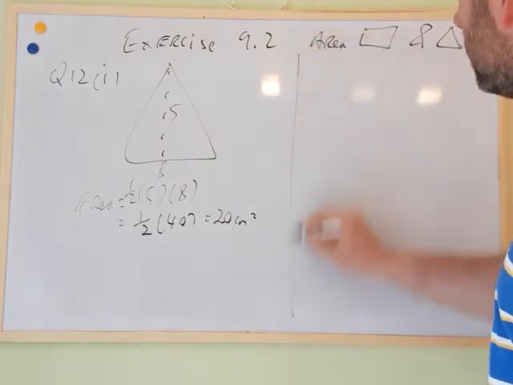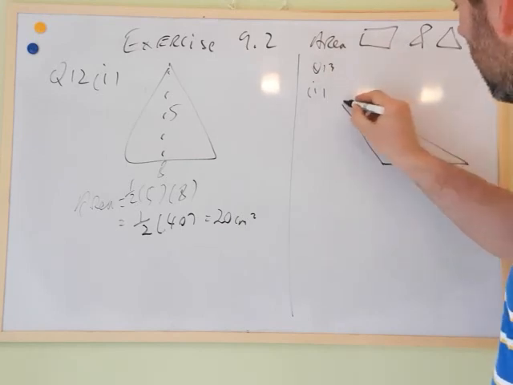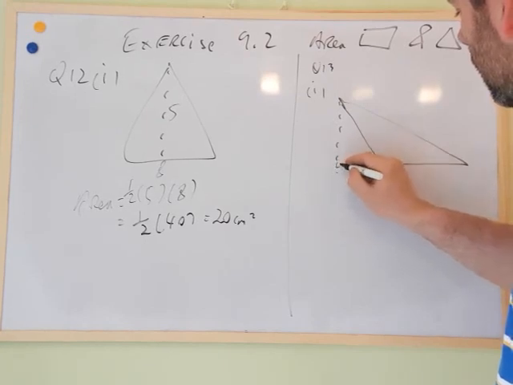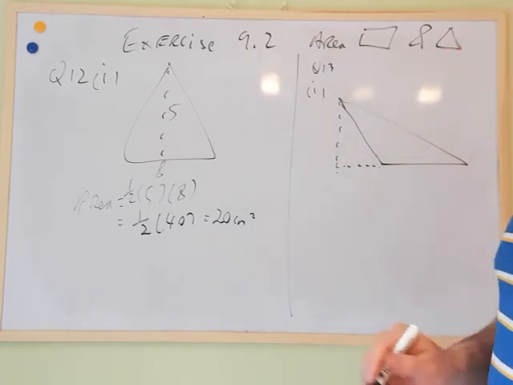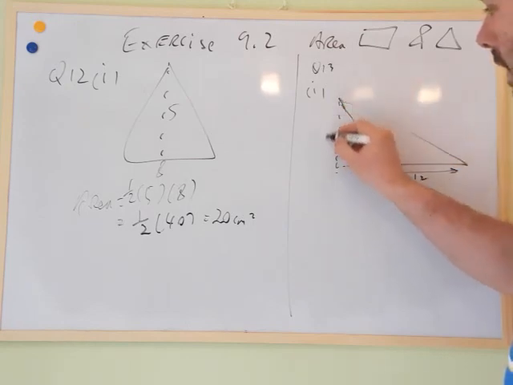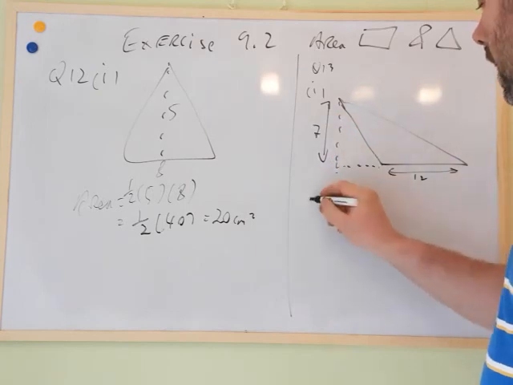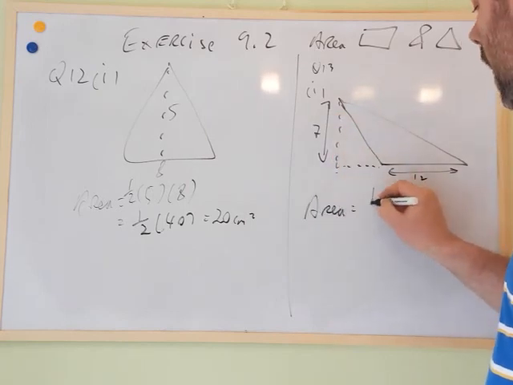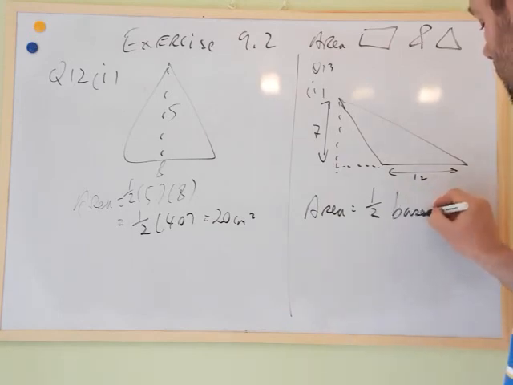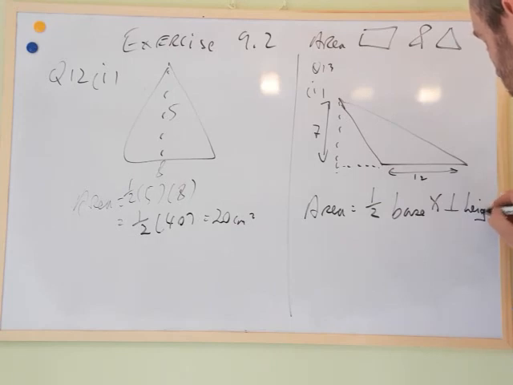And question 13. Okay, so this length here is 12, and this length here is 7. Well, area is equal to half, which I forgot to say at the start of the video, the base times the perpendicular height.